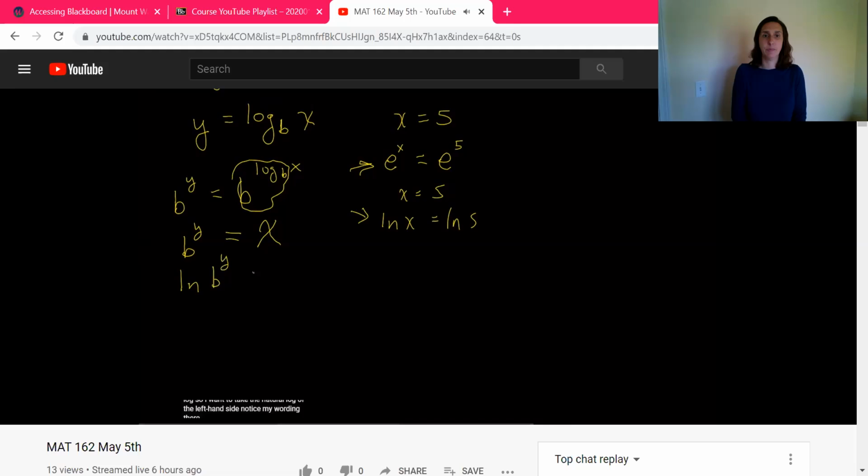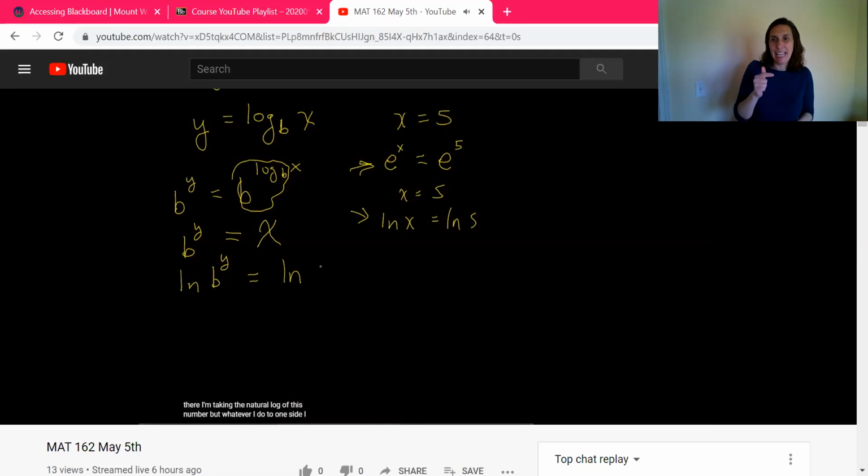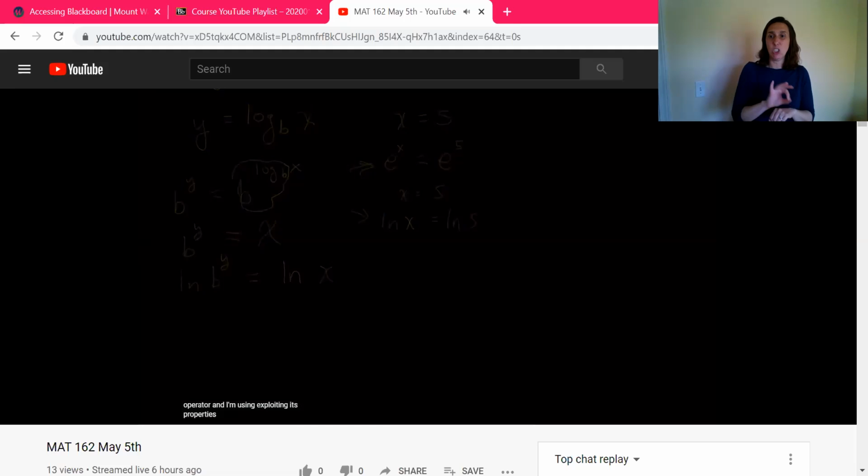Notice my wording there. I'm taking the natural log of this number. But whatever I do to one side, I do to the other. So I'm now using my logarithm as a function, a functional operator, and I'm exploiting its properties.